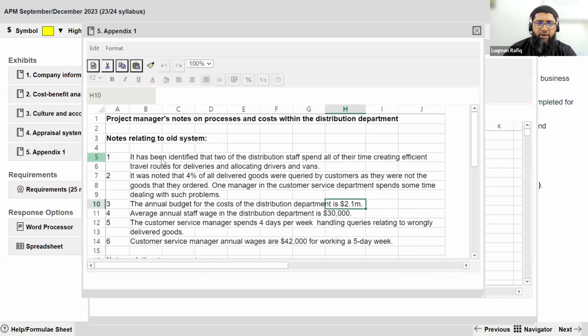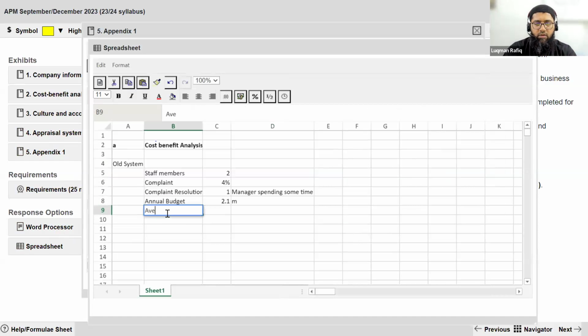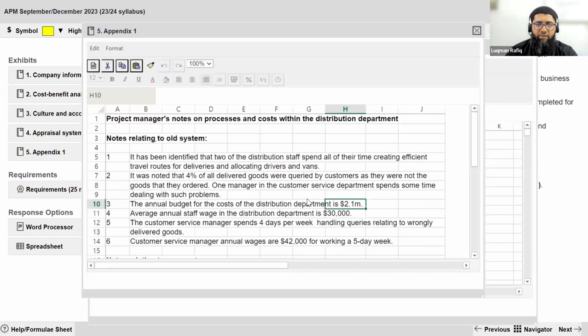Now what else is there? It says the average annual staff wage in the distribution department is $30,000. Average staff wage is $30,000. Then what else is there? What is the relevant information?